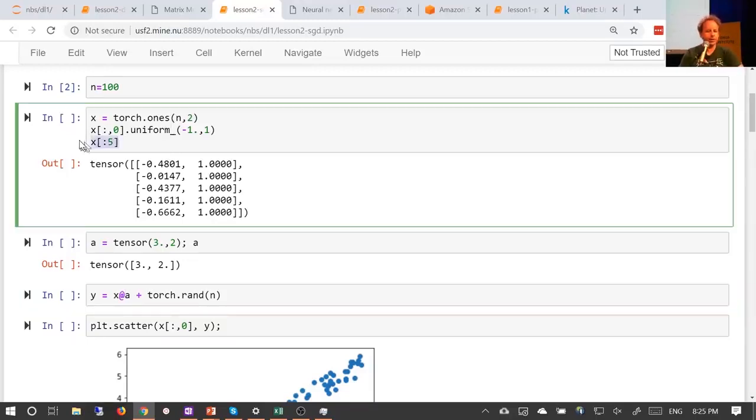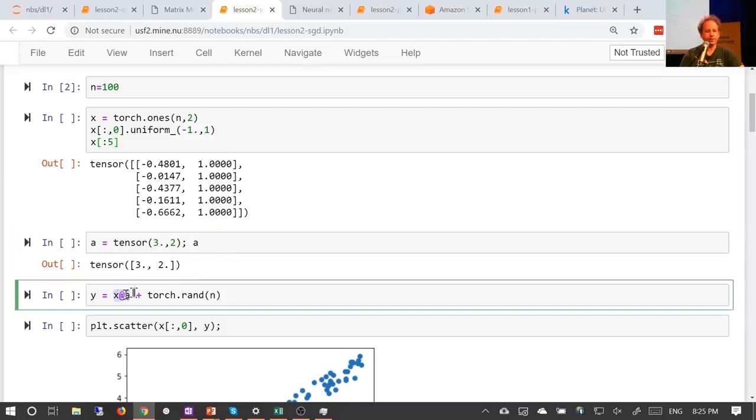So I can now print out the first 5 rows. Colon 5 is standard Python slicing syntax to say the first 5 rows. So here are the first 5 rows, 2 columns looking like my random numbers and my 1s.